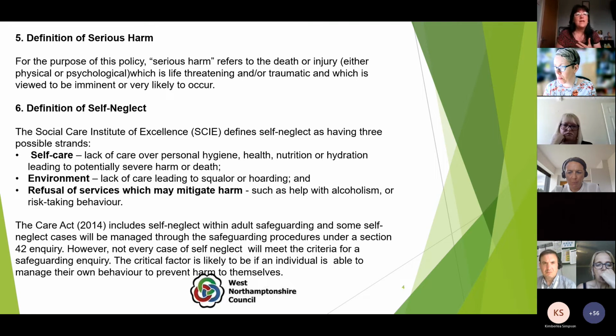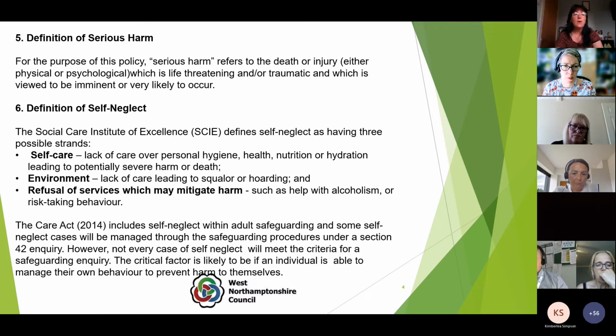It could be about the environment, where there is lack of care leading to squalor or hoarding, and that's something that we come across, and I know fire services and other services and housing come across that. And also it could be refusal of services which mitigate harm, such as help with alcoholism or risk-taking behaviour.